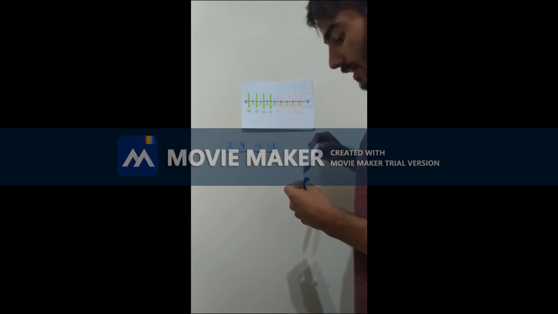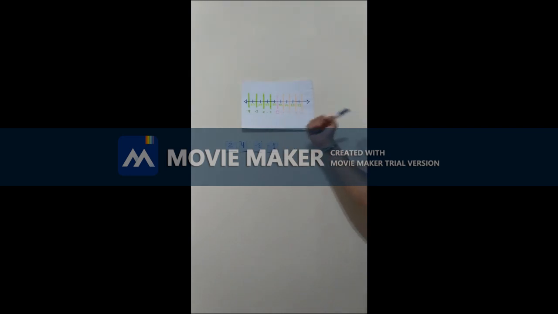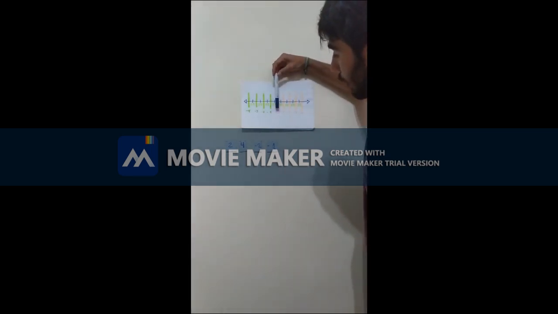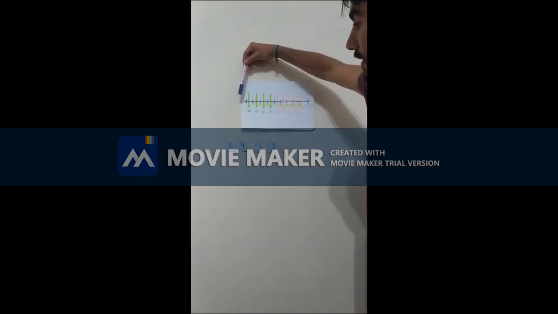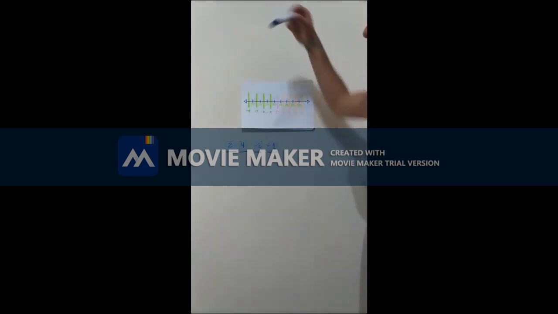So as we can see here, from 0 to 4 we are going to the right. So as far as we go, following the line, following that arrow, the biggest number is going to be at the end of the line. And following the 0 to the left, we will see that the numbers are getting smaller.